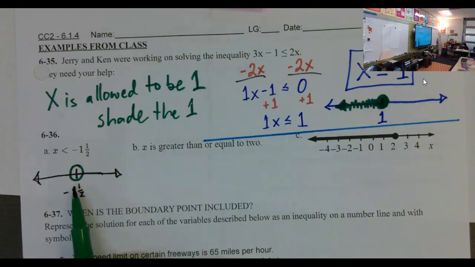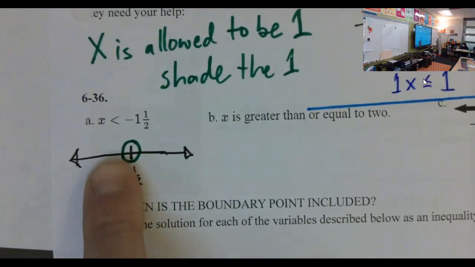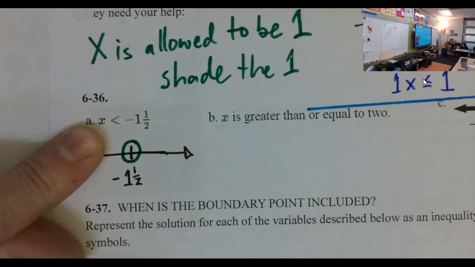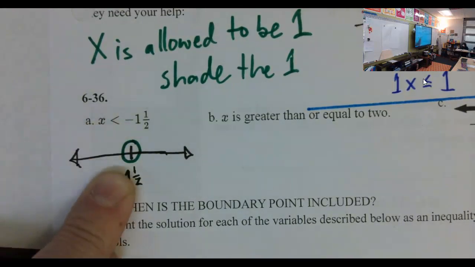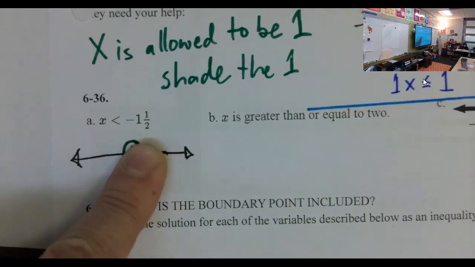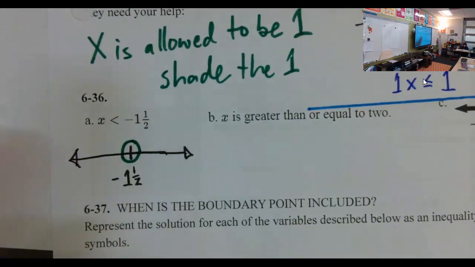No. Why no? Because it doesn't have the little line underneath. Guys, if you can't think of this right now, you need to make some kind of note. This does not have the or equal. So do I shade this in? No. We're not allowed to be equal. So how do I read this? X is less than negative 1. Less than. So Kamal, which way do I shade?